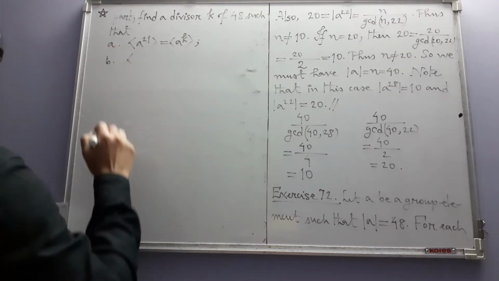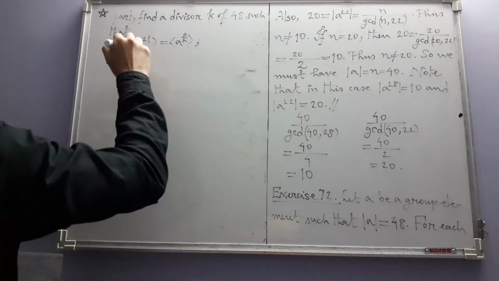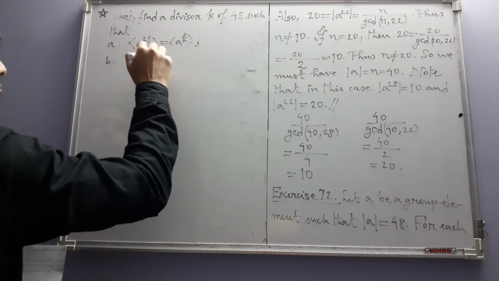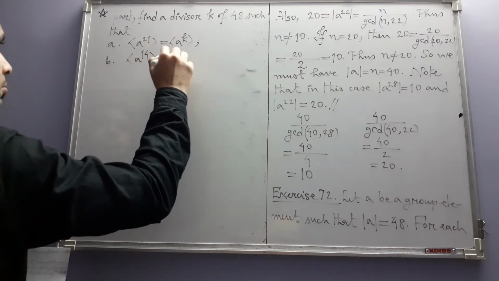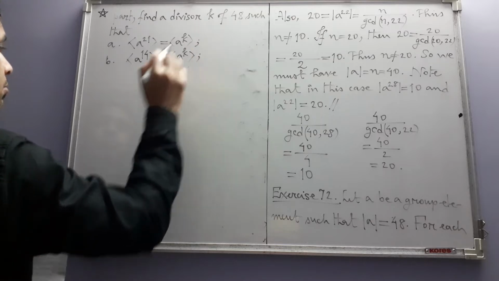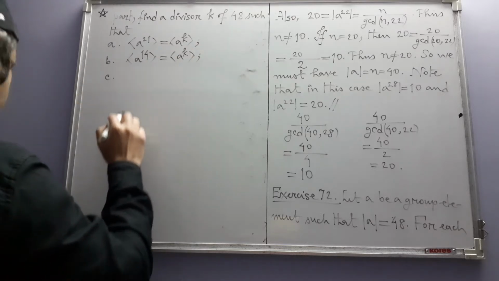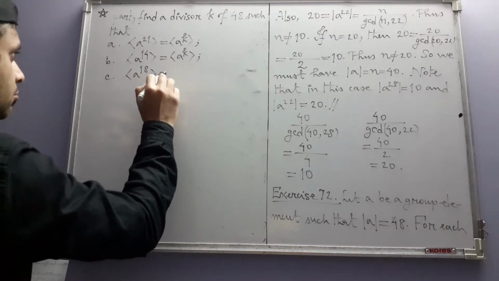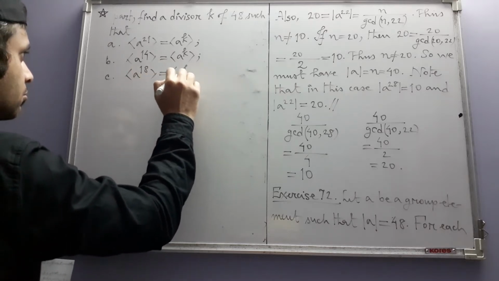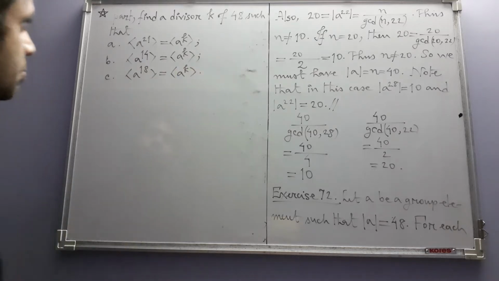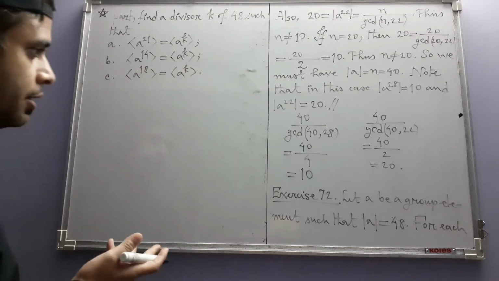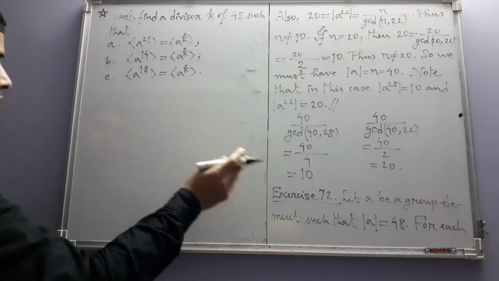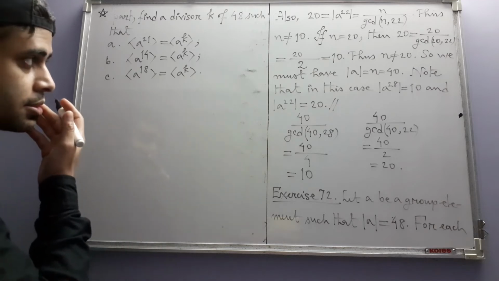Then b, a to the power 14, c, and here we can of course use that necessary and sufficient condition we found in exercise 70.